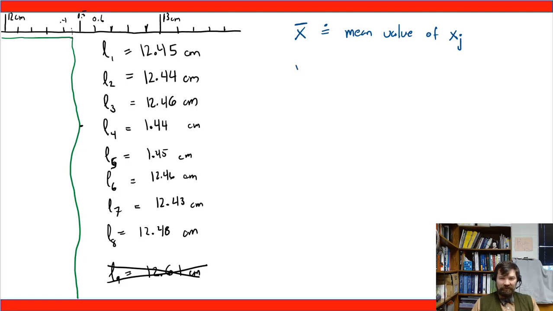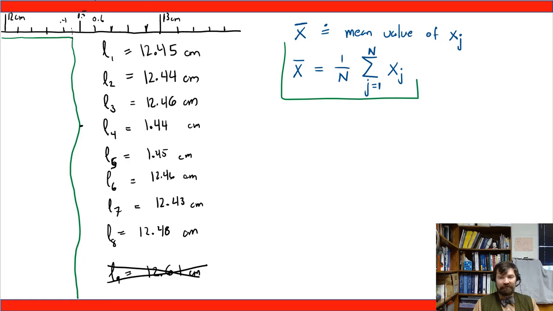All right, well, the way that you would calculate x-bar from x sub j is you would take 1 divided by n, then you'd add up all of the individual measurements that you are certain are valid measurements, like so. Okay, so this is your basic formula for finding an average.